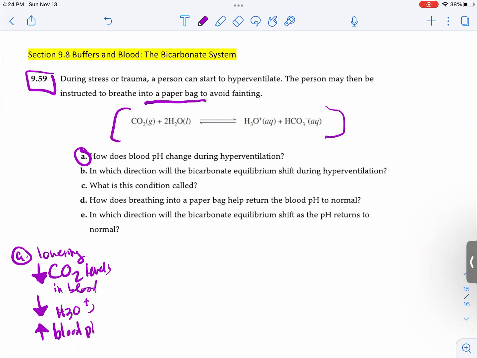The blood pH is increasing. If the pH is increasing, that is more basic. I said this wrong. The hydronium ions are decreasing. Oh, that's where I started to confuse myself. So the hydronium ions are decreasing, all right? If you had more hydronium ions, that would be acidic. They're decreasing. The blood pH is then rising, and you have a more basic pH.